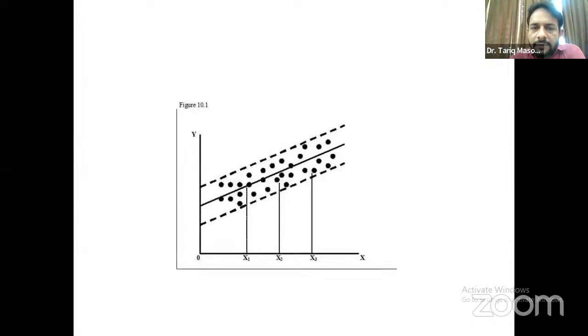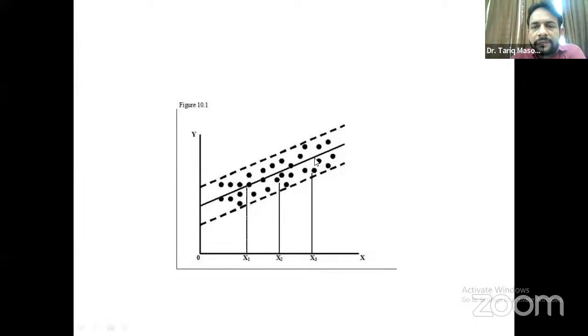This is a graphical representation. On the y-axis we have the y variable, on the x-axis we have the x variable, and this is a simple scatter diagram. Now we can see that the relation is quite stable. There is no change in the variability of disturbance over the values of x as we are moving along the x-axis.